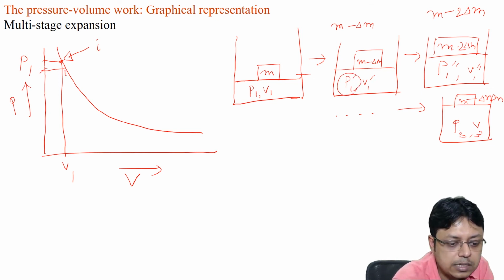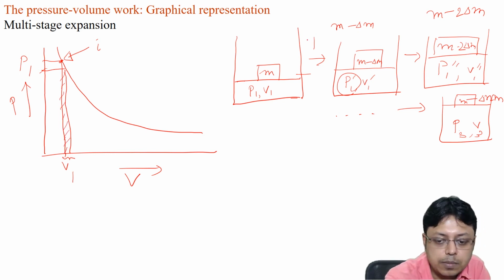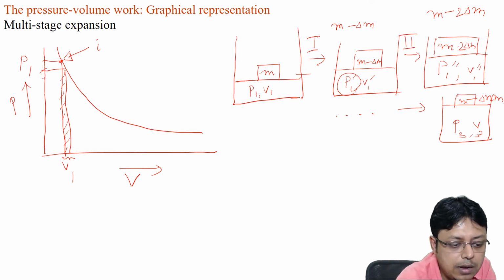So the gas will expand a little bit, which is this much amount. The work done will be the area under the curve. This was step number 1. In step number 2, we are again reducing the external pressure a little bit, so the gas will again expand and do some work.